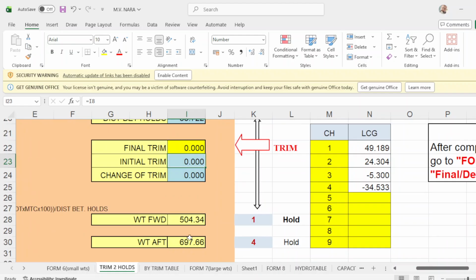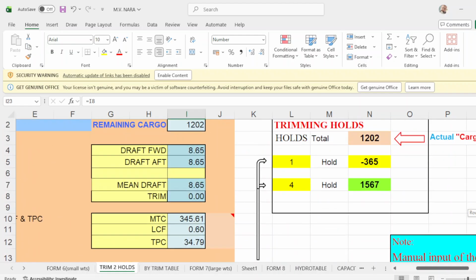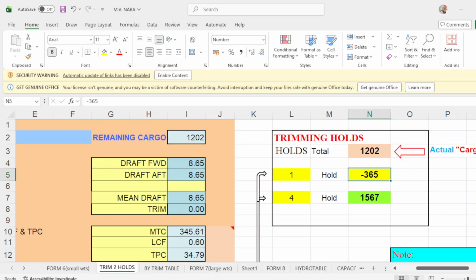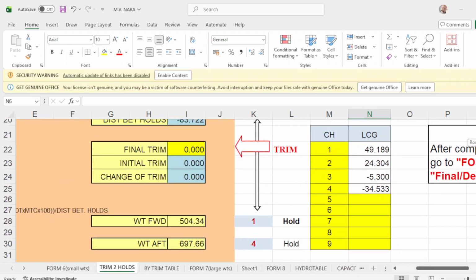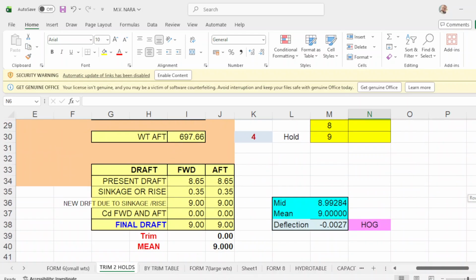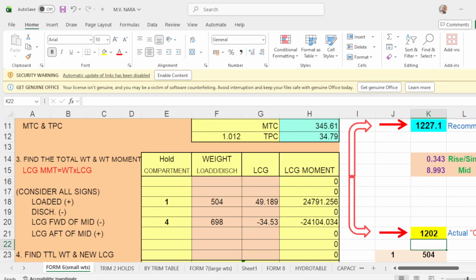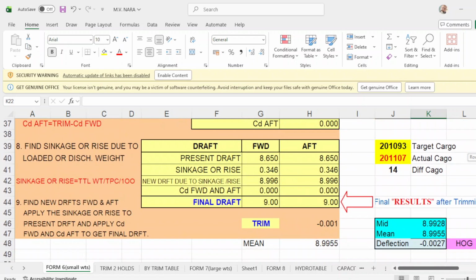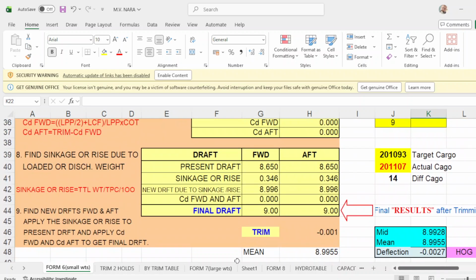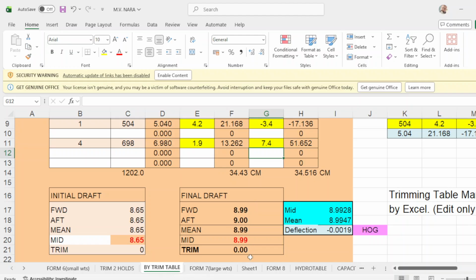Number 1 is 504. Okay, put here 504. And number 4 will be 698. Okay, and your final draft is 9 meters. That will be the same here. Nine meters. Okay, and your trim table is almost 9 meters.